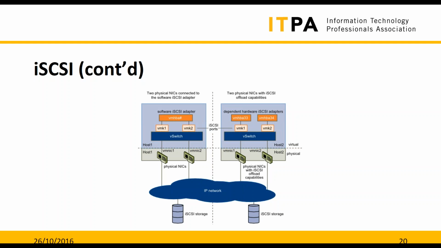In the case on the left, you would possibly be using those physical NICs for data networks as well. In fact, you could do it on both. But what this means is your IP network can have iSCSI storage on it, and your host can communicate with that iSCSI traffic, or you may also have other servers or network clients on that IP network as well.